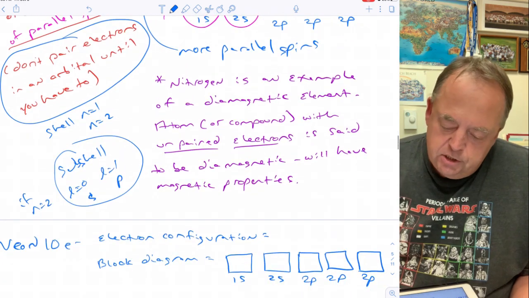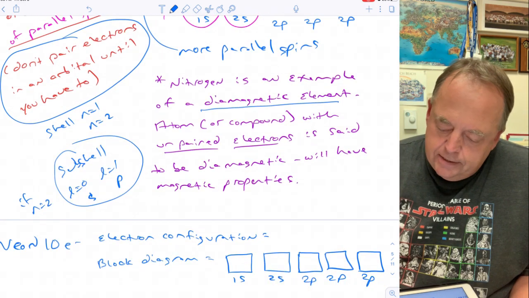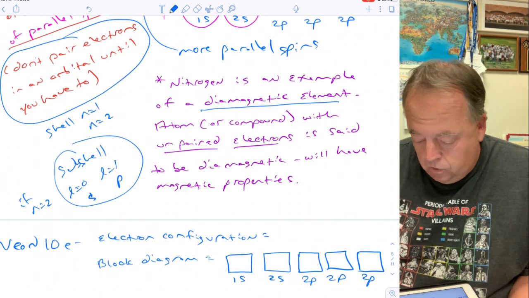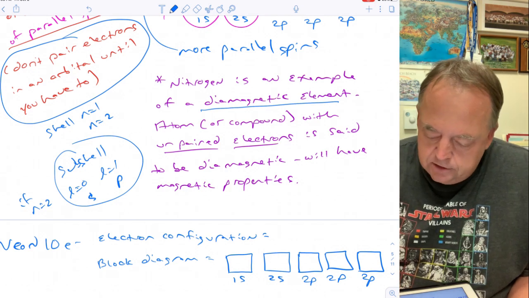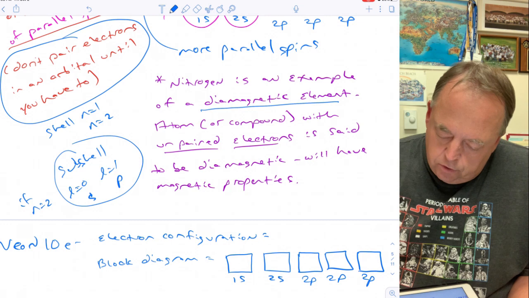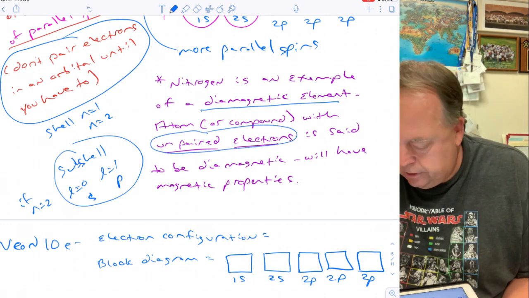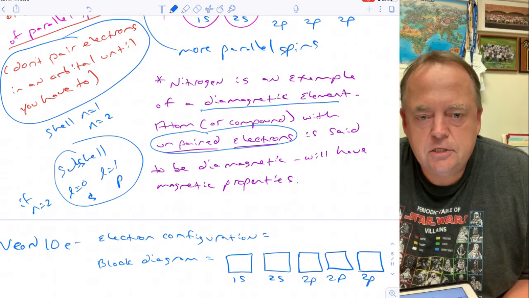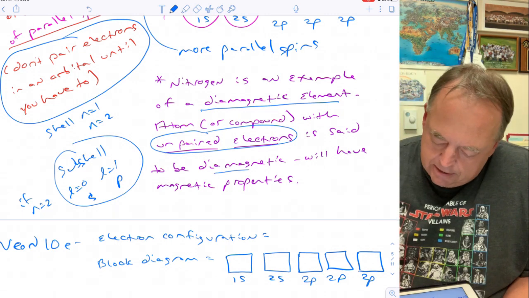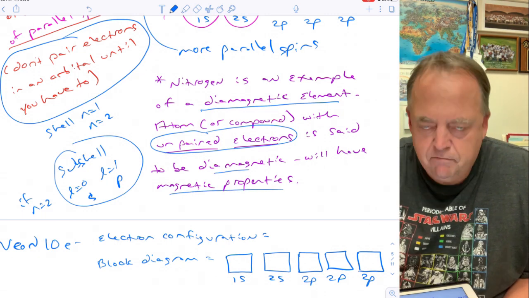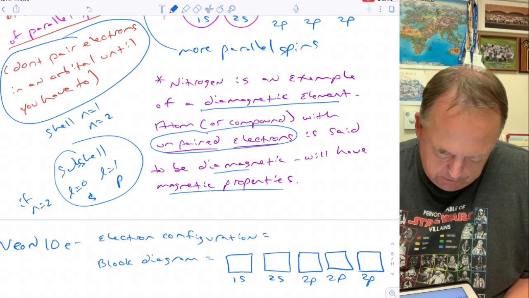Okay, so nitrogen is an example of what's known as a diamagnetic element. So you can have atoms or elements that are diamagnetic. So diamagnetic elements have unpaired electrons. So anything that has unpaired electrons is said to be diamagnetic, and diamagnetic compounds or elements have magnetic properties. Right?